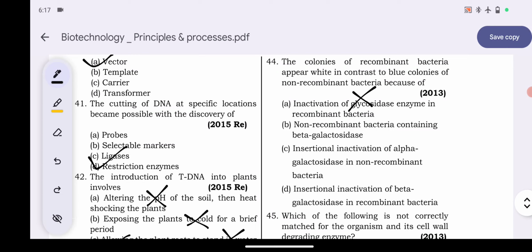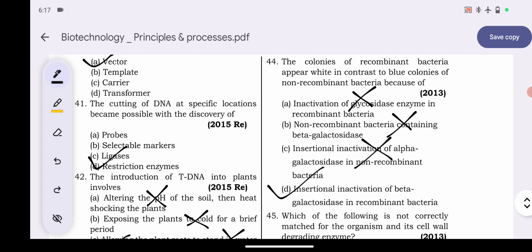Wrong one. Non-recombinant bacteria containing beta galactosidase, this is also wrong. Insertional inactivation of alpha galactosidase in non-recombinant bacteria. Option D, insertional inactivation of beta galactosidase in recombinant bacteria. D option is the correct one.